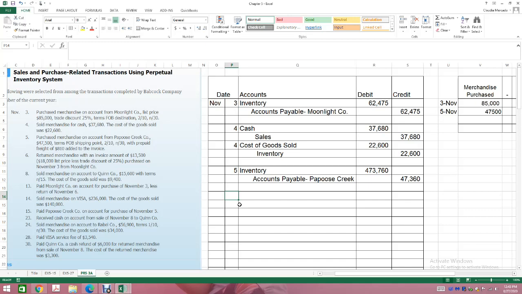It says here, return merchandise with an invoice of $13,500 purchased on November the 3rd. So we purchased some of these goods November the 3rd, and now we're returning some of that. We're making a return. That's happening on the 6th.